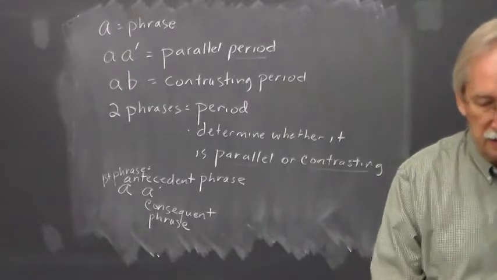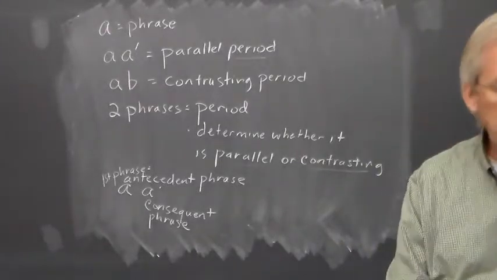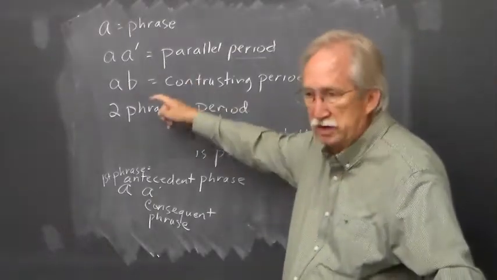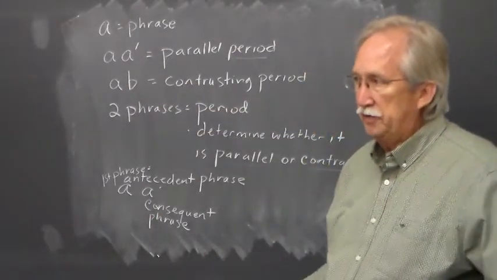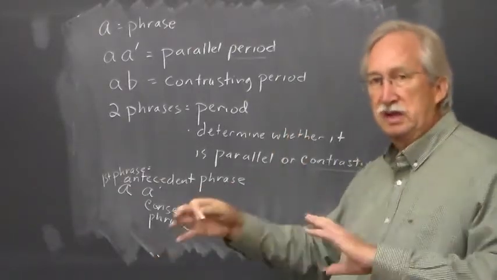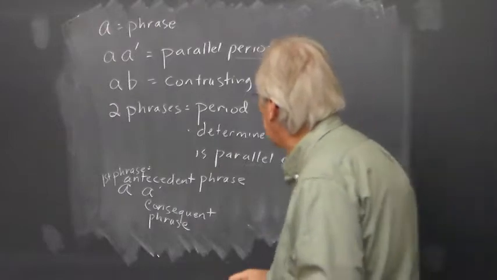So we're going to look at this in a lot of different contexts, but that's the way that we're going to use these small case letters, to indicate phrases and whether or not they are parallel or contrasting with each other. All right.